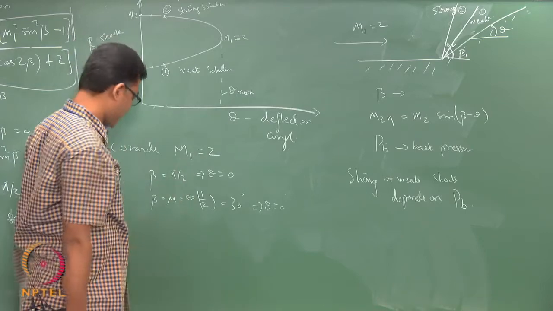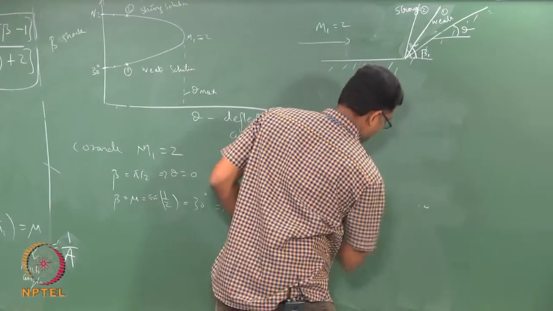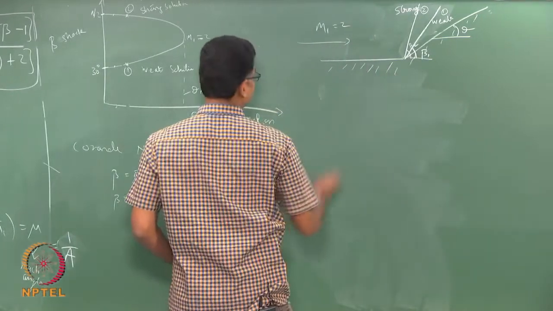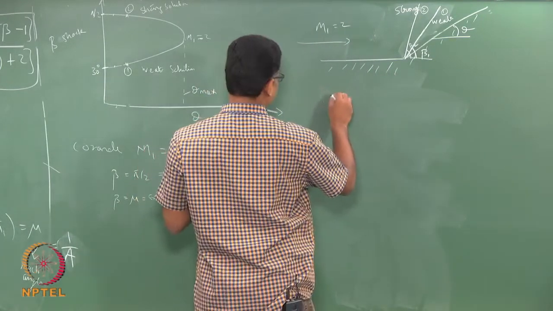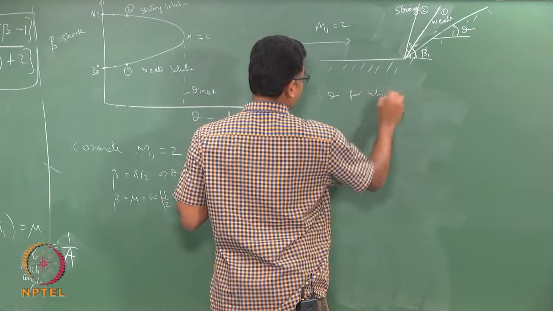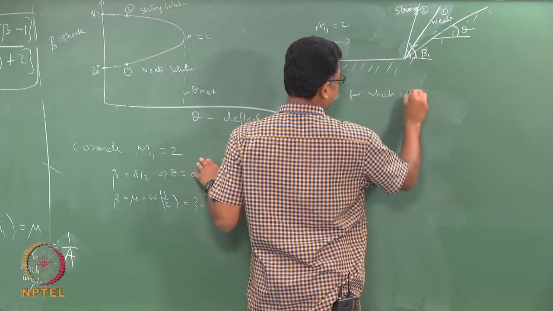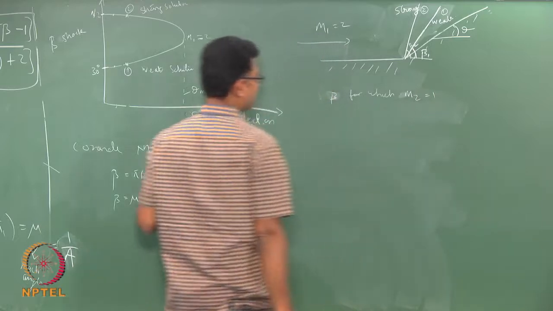And I can also find theta, or beta, for which my M2 equals 1.